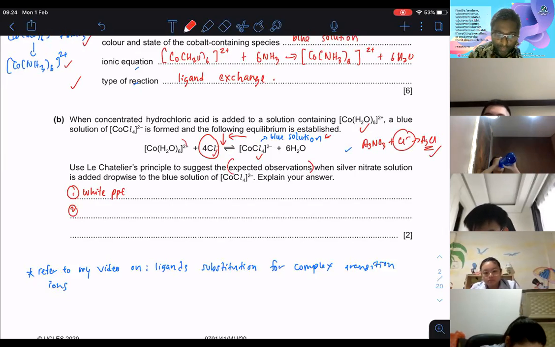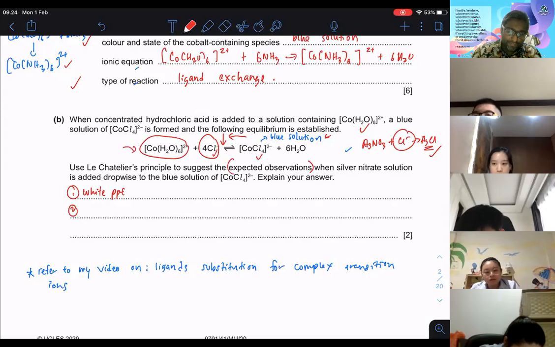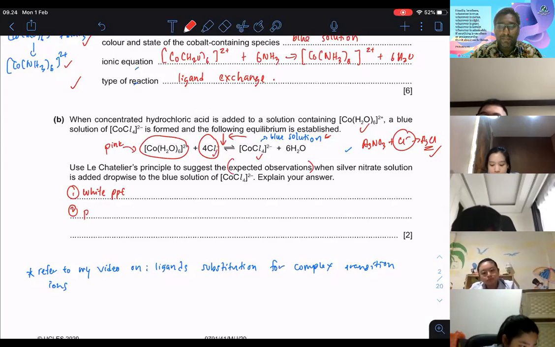You are going to form more of this. And this color I mentioned to you earlier, cobalt in this form always exists as a pink solution. So you are going to get the solution to turn more pink. So you can actually say the solution changes from blue to pink.